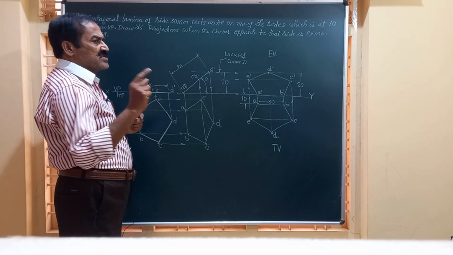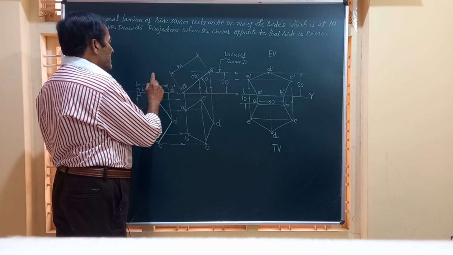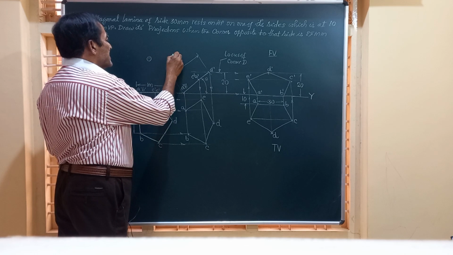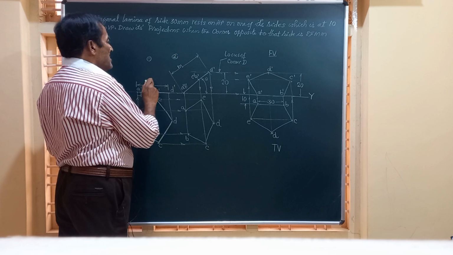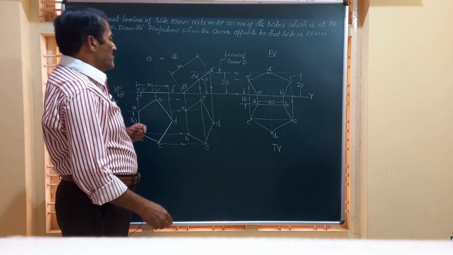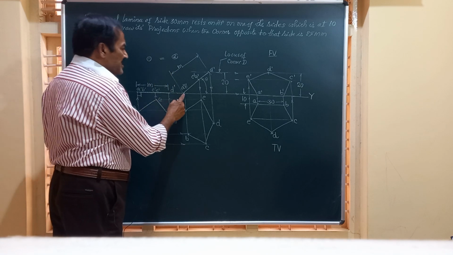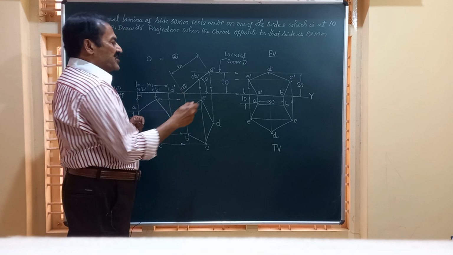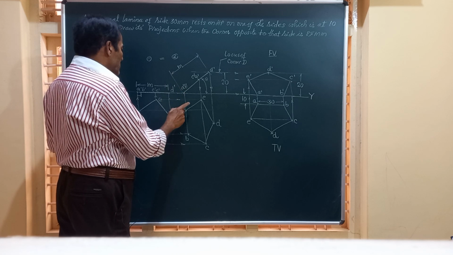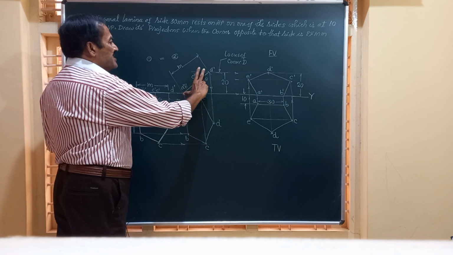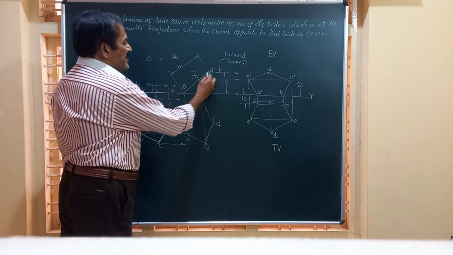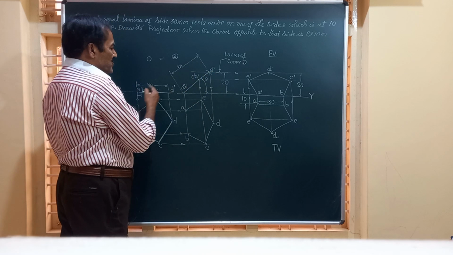Now, you know friends, in all the solids and the laminae, figure number 1 and figure number 2 in the front view are exactly identical. So this is figure number 1 and this is figure number 2 here. They are exactly identical. So what do I do? I take some point A dash B dash at random on XY, and taking that point as the center and radius equal to m, I draw an arc, which I have shown here.